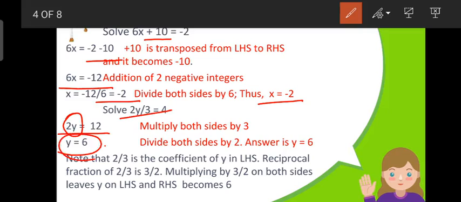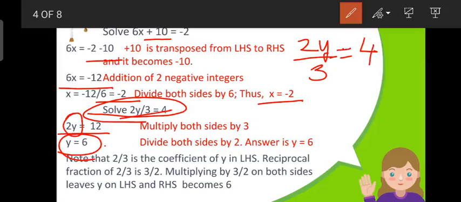Is it clear, children? And note that 2 by 3 is the coefficient of y in the LHS. So the reciprocal fraction of 2 by 3 is 3 by 2. See here, as you can see in the second example, 2 into y by 3 is equals to 4. With respect to y, 2 by 3 is the coefficient.